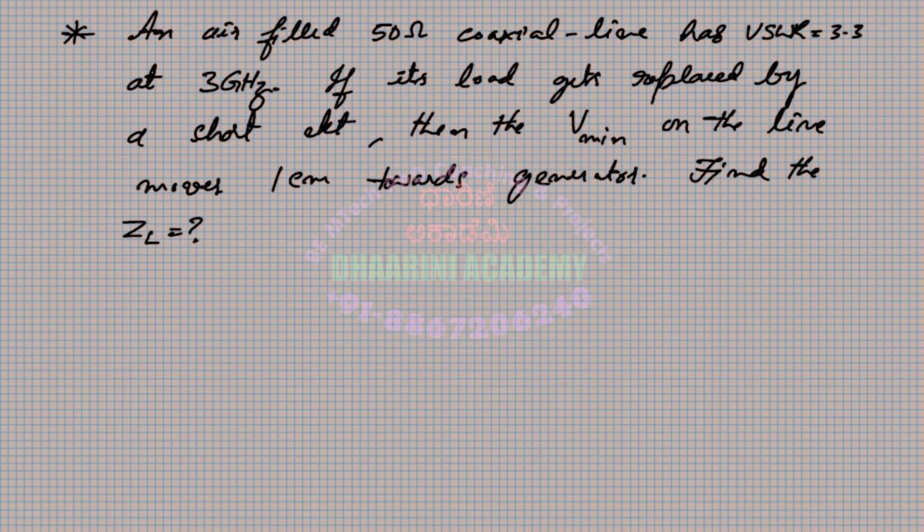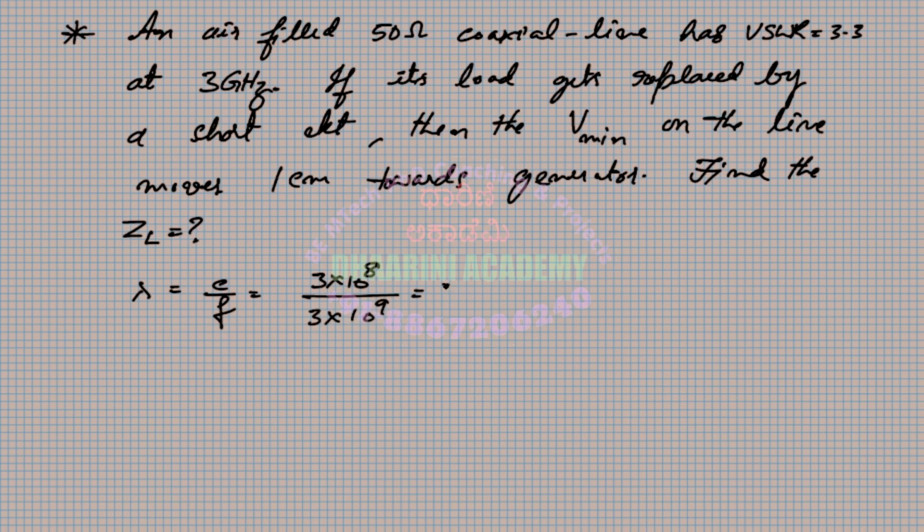Look at the given data and think about an approach to solve this problem. First, let's calculate the lambda. Lambda is equal to C by F. So C is 3 into 10 to the 8 divided by 3 giga, so 3 into 10 to the 9.